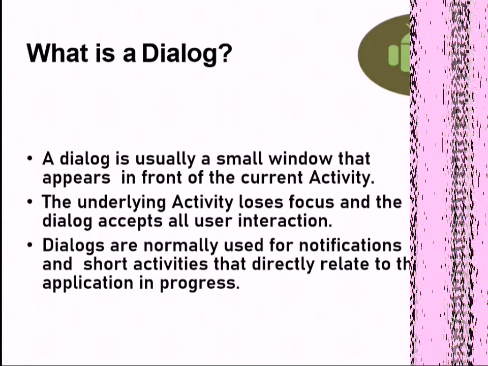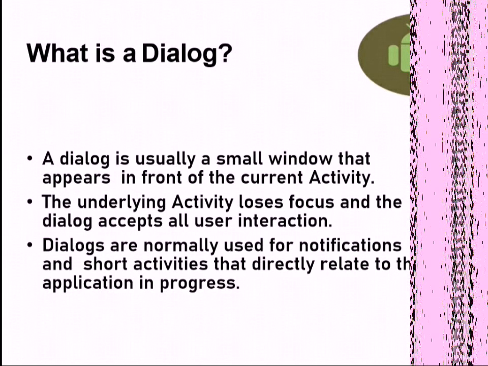So, before talking about what kinds of different types of dialogues there are and how they're implemented, let's get clear on what a dialogue exactly is. A dialogue is usually a small window prompt that appears with a short message in front of the current running activity. It loses focus on the underlying activity, though it accepts all user interactions.